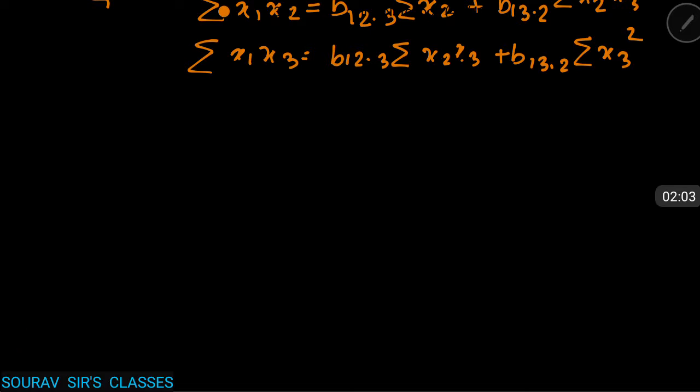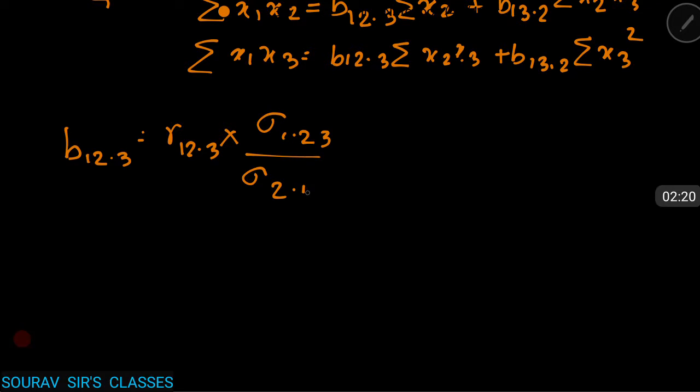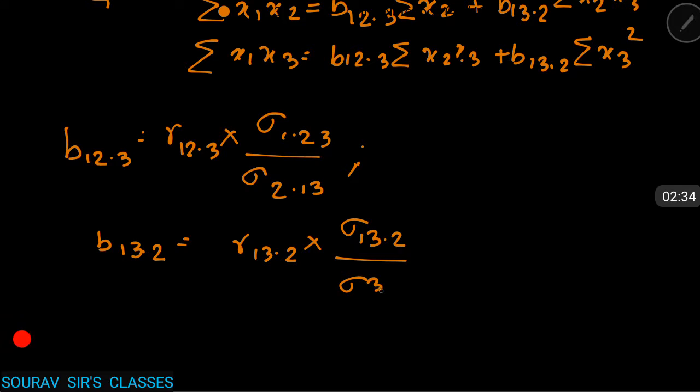The values of b12.3 and b13.2 can also be obtained by b12.3 is equal to r12.3 into sigma 1.23 divided by sigma 2.13, and b13.2 is equal to r13.2 into sigma 1.23 divided by sigma 3.12.